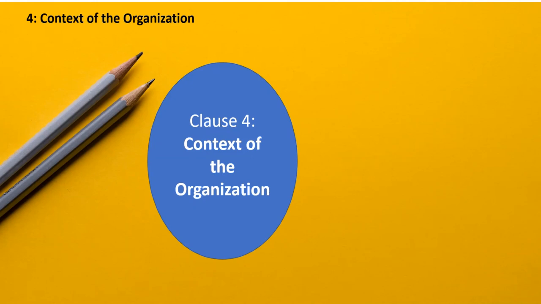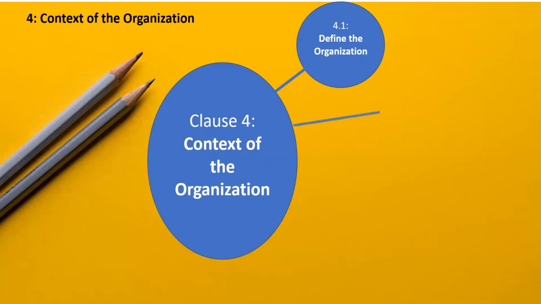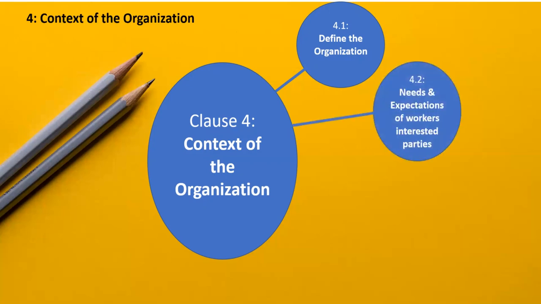Clause 4 is basically divided into 4 subclauses. 4.1 defines the ambitions of the organization and any issues that could impact its achievement. 4.2 identifies needs and expectations of stakeholders, that is to say, workers and other interested parties.